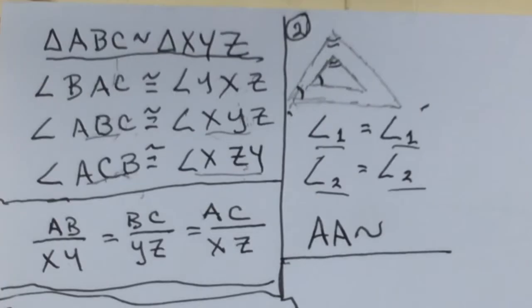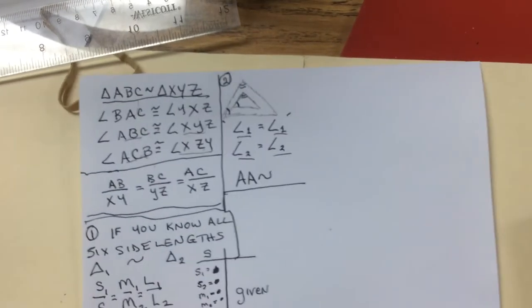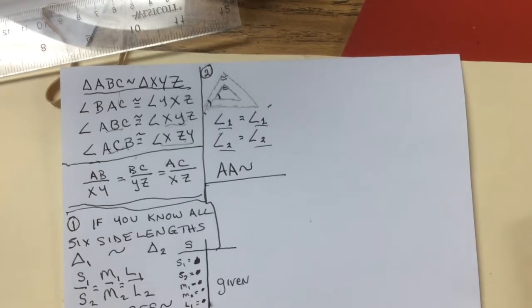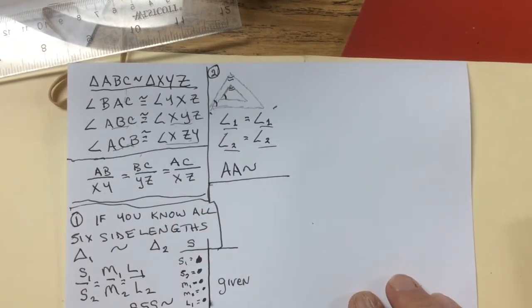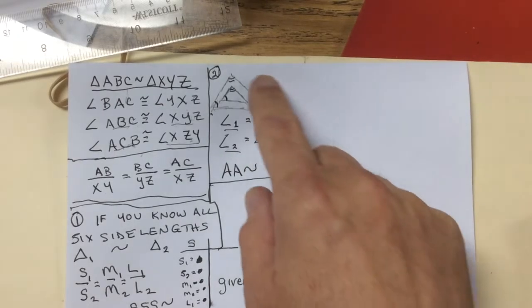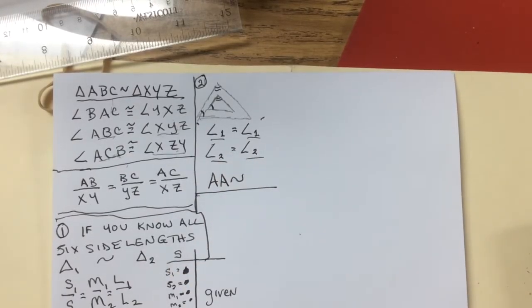Going back to this, we now have two different ways to prove the two triangles are similar. One of them is if we know all 6 sides and we can set up the proportions. The other is if we can use anything at all to show that two pairs of corresponding angles are congruent. There's a third way.